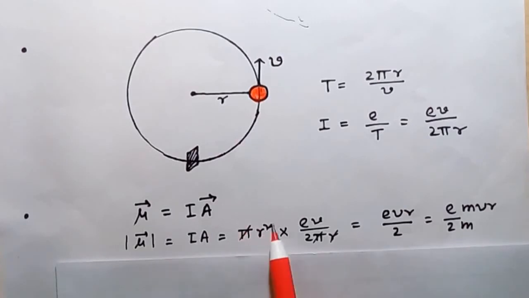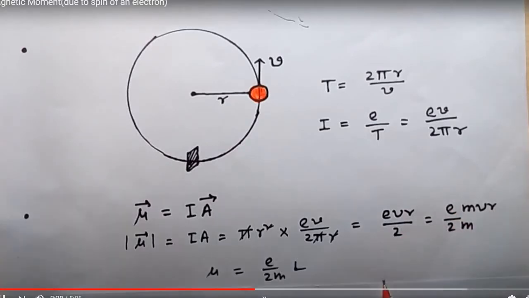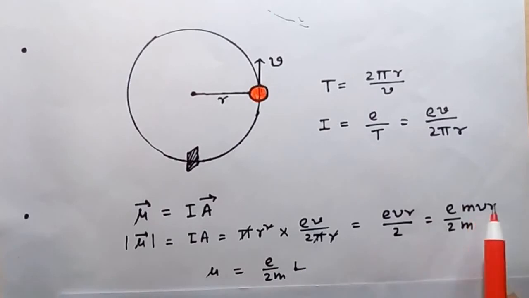Here the area is pi r squared, the area of the circle, and the current is ev by 2 pi r. So the magnitude of the dipole moment equals evr by 2, and we can multiply and divide by m. So the magnitude of the magnetic moment equals e by 2m times mvr. Since mvr is the angular momentum, the magnetic moment equals e by 2m times the angular momentum.